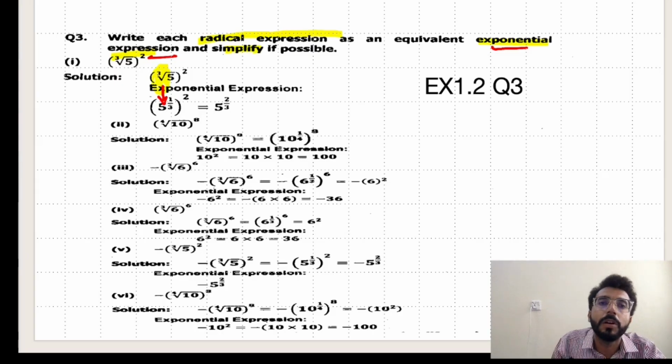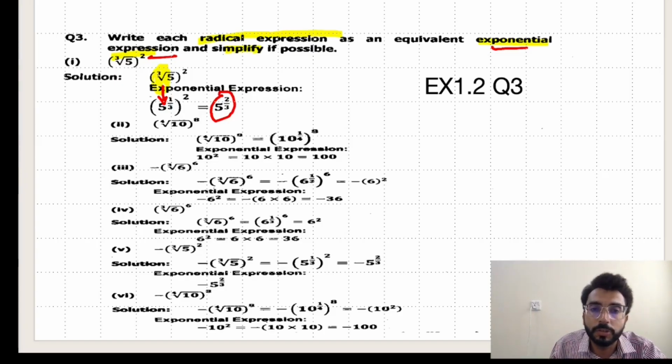It becomes 5 to the power 1 by 3, where 1 by 3 is the exponent. So by multiplying by 2, we get 5 to the power 2 by 3. This is our final exponential form. We cannot simplify it further, so this is also our simplified form.